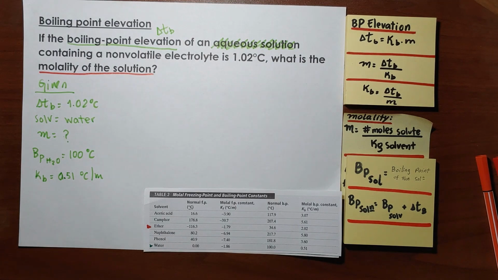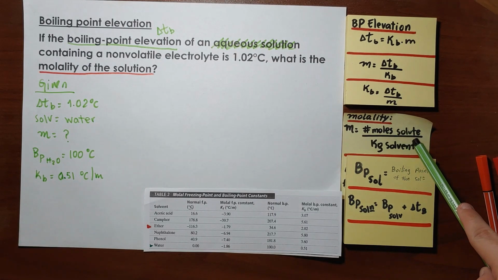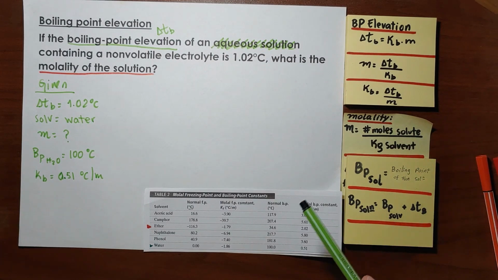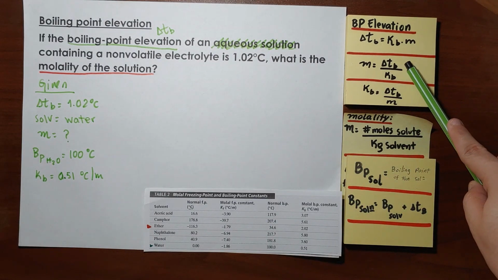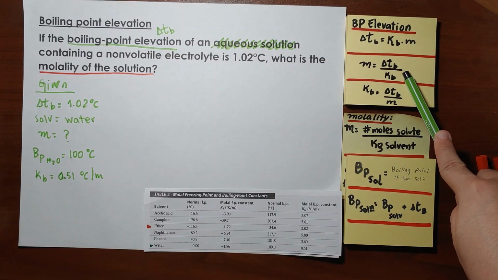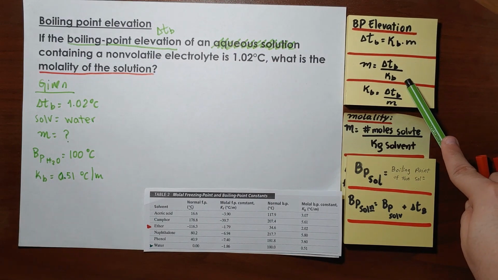Now let's take a look. In order to calculate molality, we can use two formulas. The regular equation for molality that involves moles of solute and kilograms of solvent, but as you can see, none of this is given. They're not giving me any mass at all. But the other way to calculate molar concentration is by isolating from the boiling point elevation. So this is molality, and it relates elevation divided by the constant.